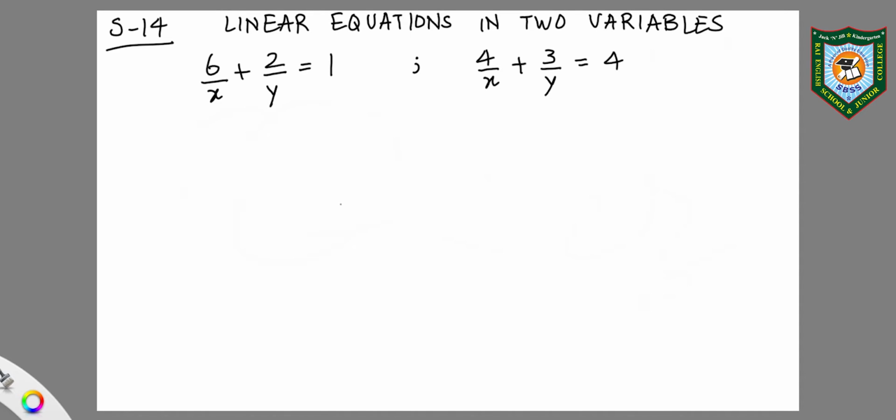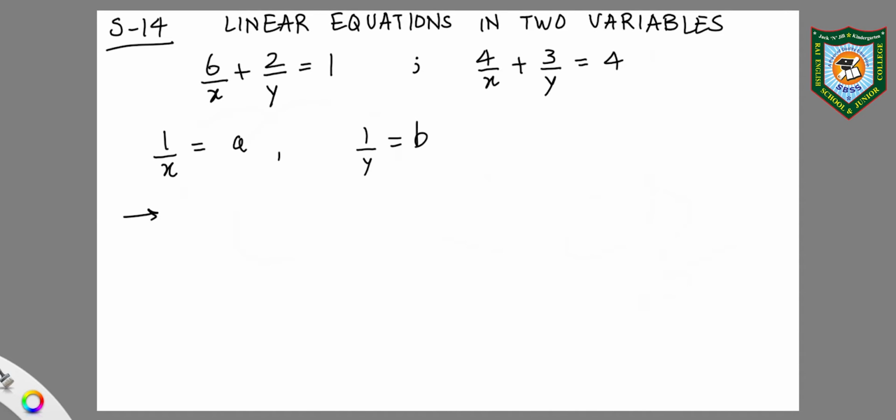Now here I have a new question. I have 6 by x plus 2 by y is equals to 1, and 4 by x plus 3 by y is equals to 4. So I start off with replacing 1 by x as a and 1 by y as b. As I've said in previous classes, it does not matter what alphabet you use, all that matters is that your procedure is correct.